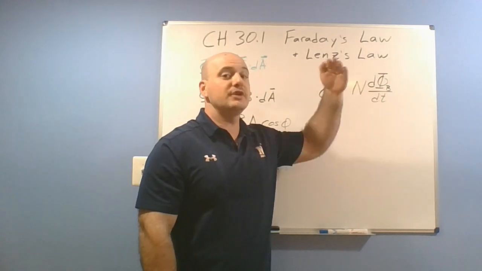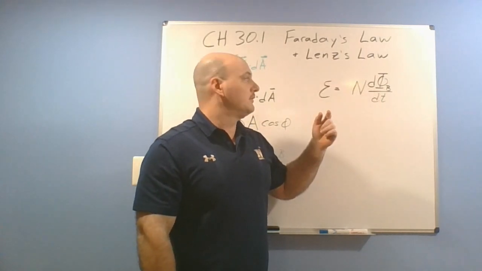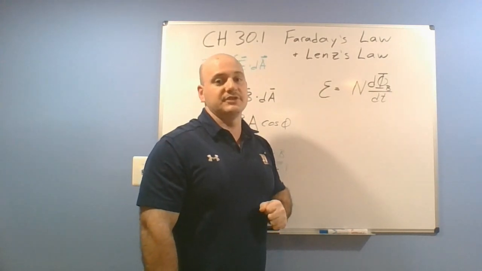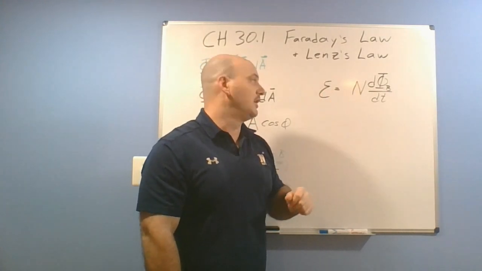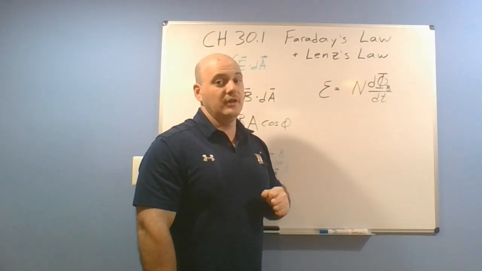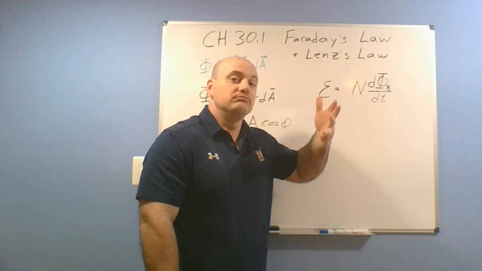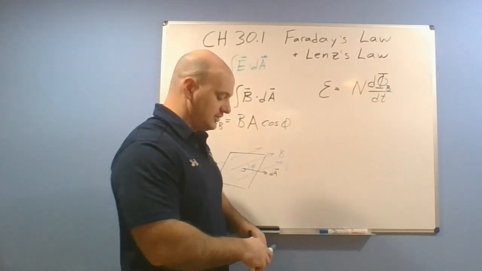So if you have an increasing flux, then the induced magnetic field will be oriented in the opposite direction to oppose that increase. If you have a decreasing flux, the induced magnetic field will be in the same direction in order to keep it large, in order to oppose that change.